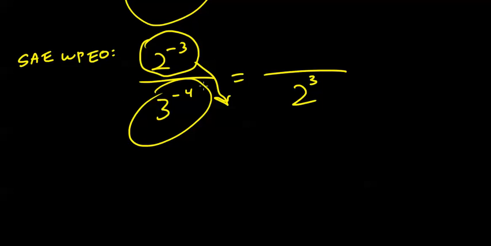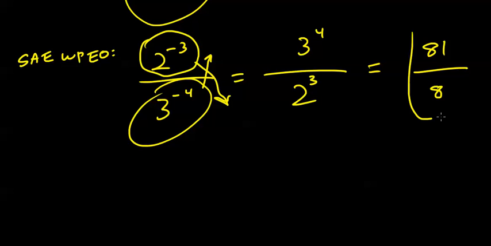And Rule 7 says I can take that negative exponent expression in the denominator, move it up to the numerator, and just change the sign. A nice quick way to get things neat and in recognizable fashion. So 3 to the positive 4th power is 81, and 2 to the positive 3 power is 8. So this is an improper but reduced fraction, and I'll leave it just like that.